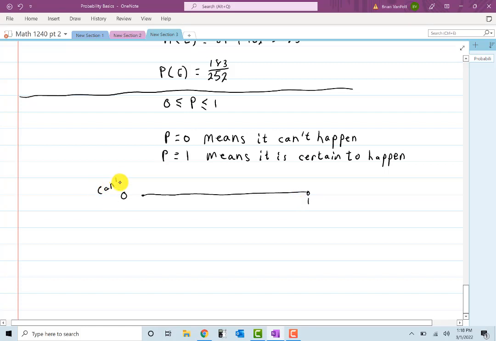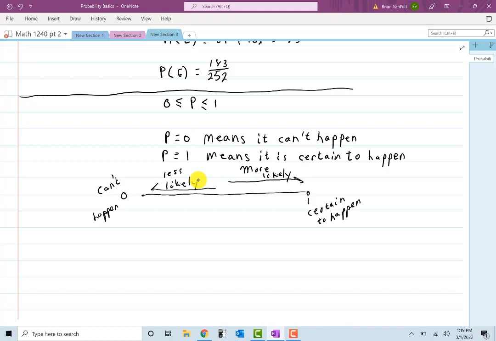So can't happen, certain to happen, and as you go this way, it becomes more likely that it happens. As you go in that direction, the probability gets higher. But should you go in this direction, this is where it's less likely to happen. And we'll talk about more properties of probability after this in the next sections.